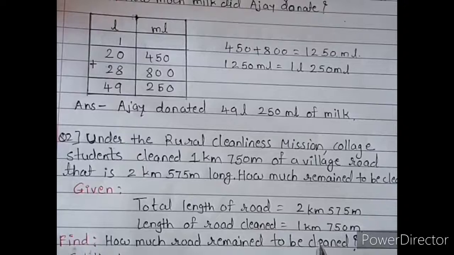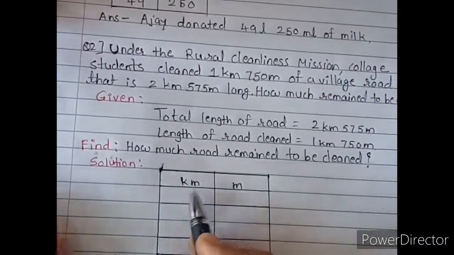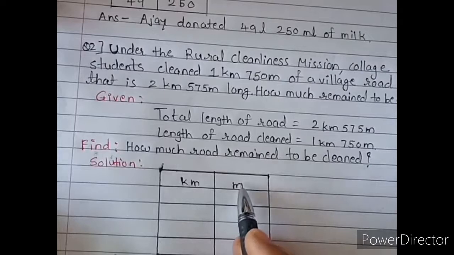So which operation do we have to carry out here? Yes, subtraction. From the total length of road we have to subtract the length of road cleaned. Then we will get how much road remains to be cleaned. For that we have to make two columns, kilometer and meter.